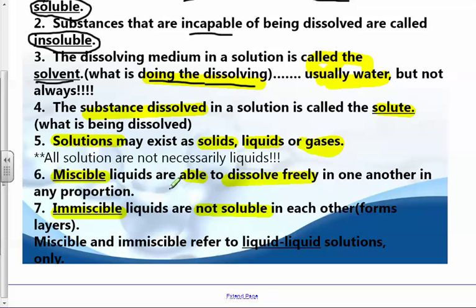So you can think about maybe Mio. Mio in water is that little drink enhancer, and it's put in water, and they dissolve freely together, water and Mio. But immiscible liquids are things like oil and water. They're both liquids, but they don't seem to like to dissolve. So these often refer to only liquid and liquid solutions.